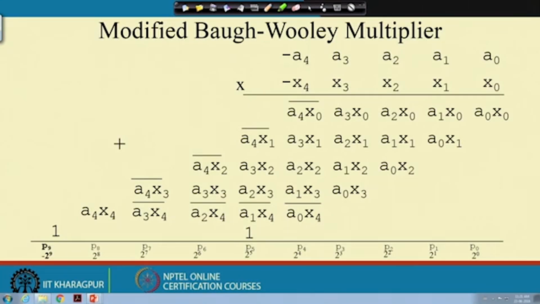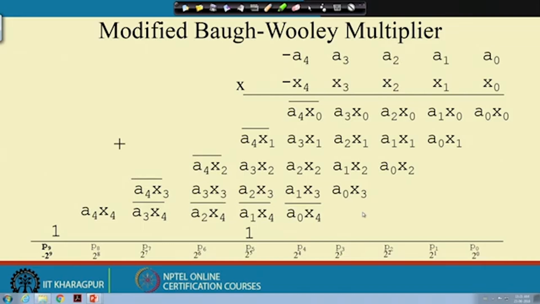You can use the tree method, or any fast adders, or you can follow the serial manner also. Okay. Now, it is your choice, but the corresponding multiples generation is basically done in this manner in the modified Booth multiplier.